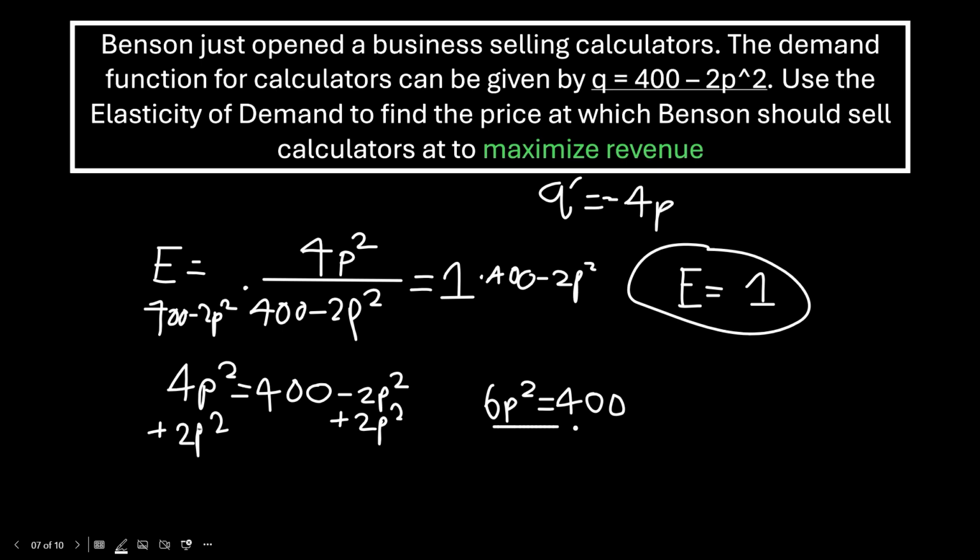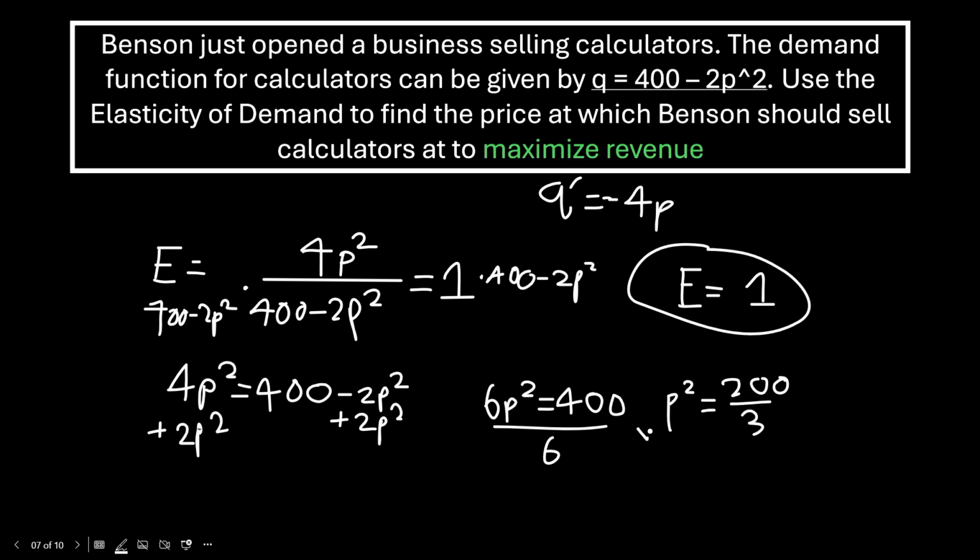Then we divide both sides by 6, which would equal p squared equals 400 over 6, which can be rewritten as 200 over 3.